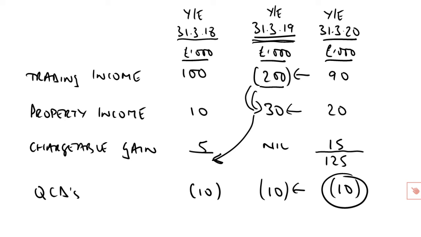But if what you wanted to do was to also group relieve, because remember, the new rules allow a brought forward loss, the 200 is being brought forward into the year ended March 20. But that loss can only be group relieved to the extent that the loss exceeds the total profits of that current period. There is your total profit of the current period, £125,000.